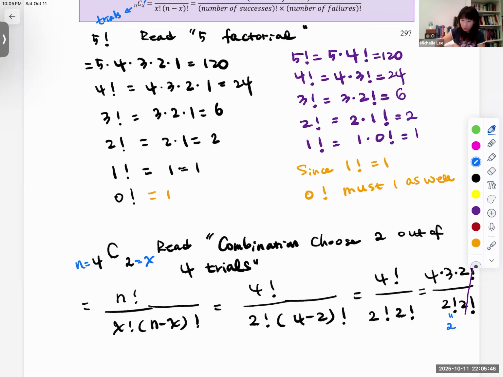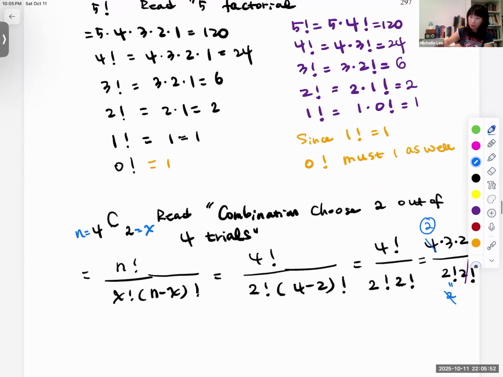So 2 goes into 4 twice, right? And then 2 times 3, what do you get? It's 6. Yeah. Okay. Let me show you the calculator, how to use it, right? We have to choose 2 out of 4, right?